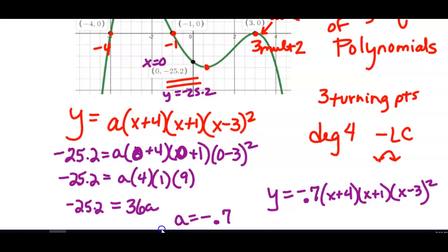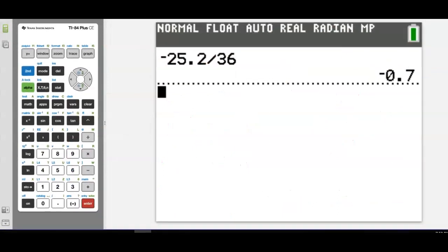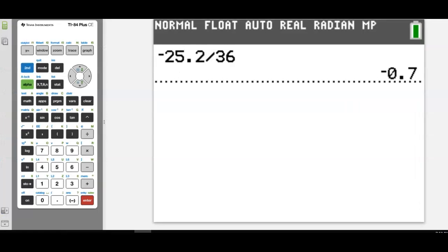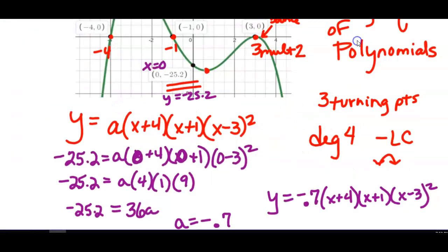So if we go to the calculator, and this time, what's happening? Why can't I minimize this?